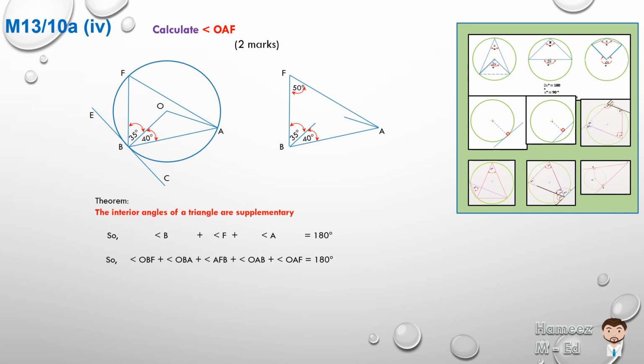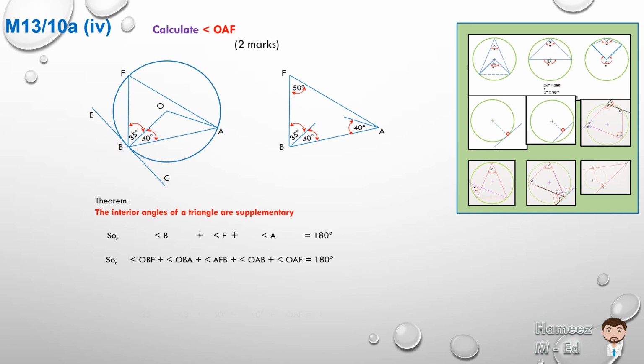And the angle at A can be broken up into 2 parts: the angle OAB, which we know because that's part of the isosceles triangle, and angle OAF, which is what we want to find. So we have 1, 2, 3, 4, 5 angles. When we add them up, they will give us 180 degrees. And out of those 5, we know 4 of them. So there's only 1 unknown, so we can substitute and solve this question.